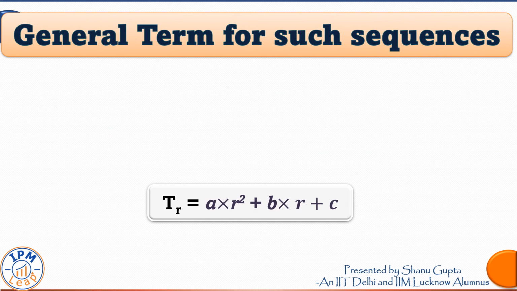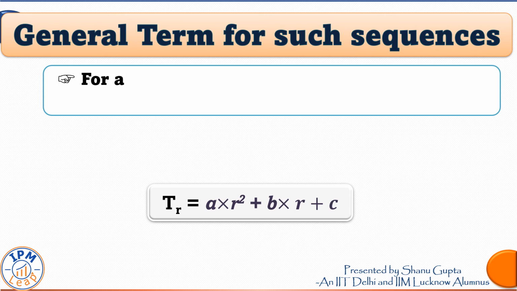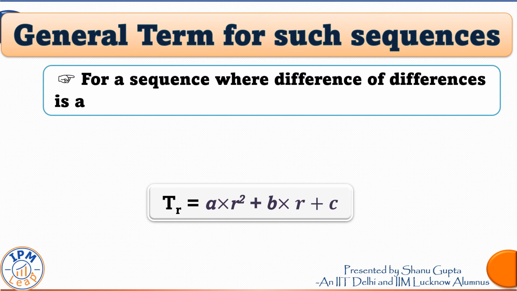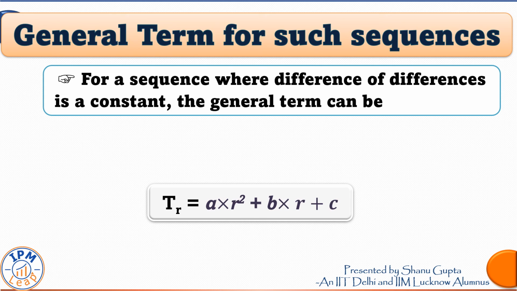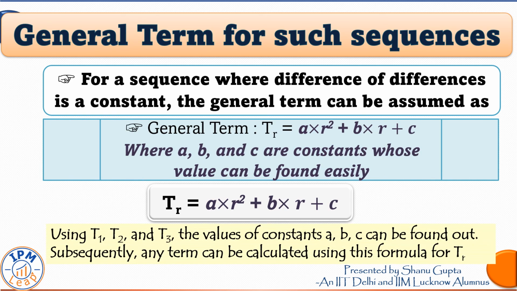And now comes a very important concept. In such sequences, sometimes they might ask for a particular term, say the 10th term, or they might even ask for the sum of first 10 or sum of first 15 terms, say. It helps if we are able to decode the general term for such sequences.